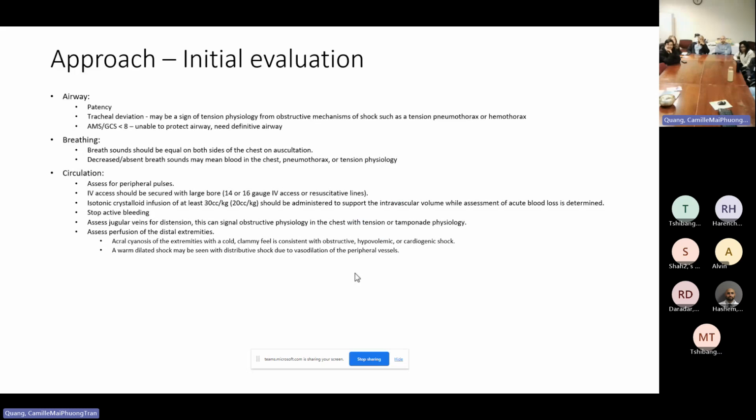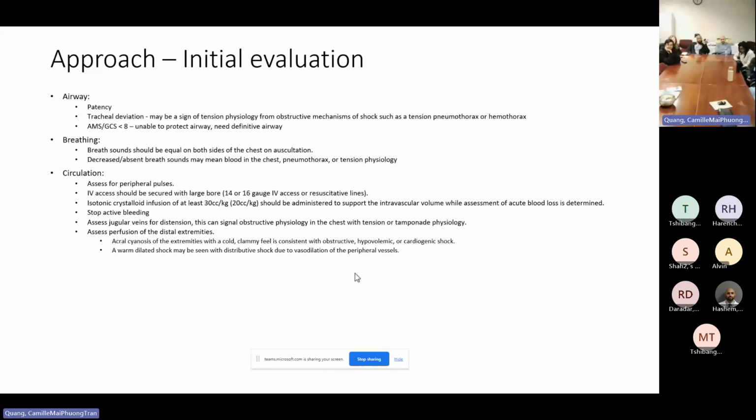So the standard is actually kind of what we say is 2 liters based off the average weight of the person. If you use 20 cc's per kilogram, it ends up being like 1.7 liters, so we just give 2 liters. But if you want to calculate it, you can use 20 cc's per kilogram or 30 cc's per kilogram.